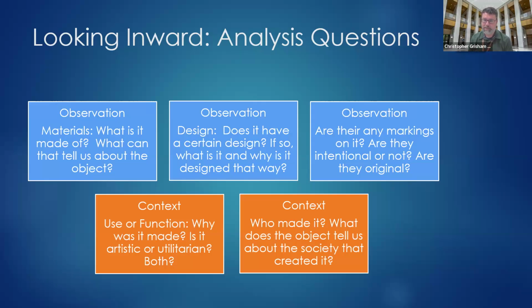Every part of that design was a decision purposefully made by whoever created that object. And that purpose can be function or it can be form. The purpose of certain parts can be decorative. But really observing how the design of the object was created is going to tell you a lot about the function of the object, the use of the object, and the person who created it as well.